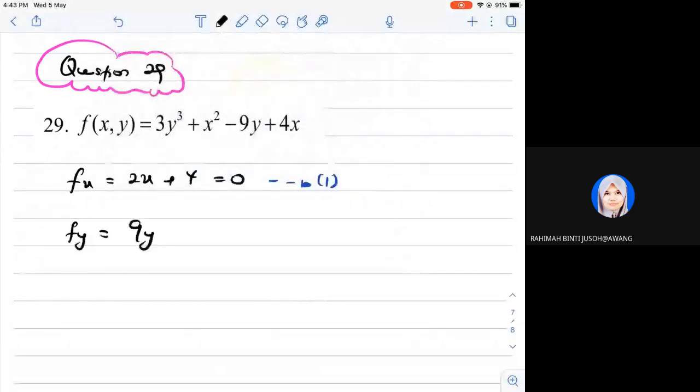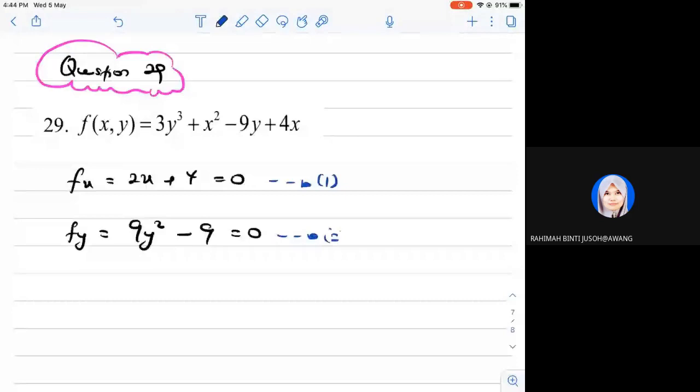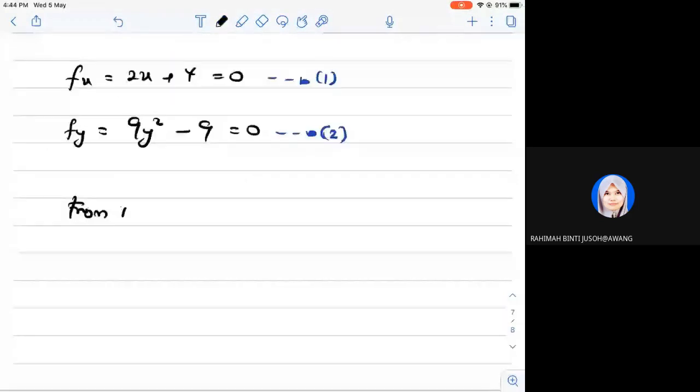Simple soalan ni. Okay, so ini tak payah persamaan serentak pun tak apa. Dia memang dah boleh cari nilai kan. So from 1, 2x tambah 4 sama dengan 0. So 2x sama dengan negative 4. So we have x equals to negative 2 lah.